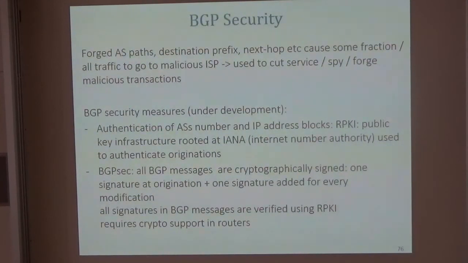So it's the routing public key infrastructure. It is a set of certificates and a chain of trust rooted at IANA that authenticates all the AS numbers and IP addresses and also who is supposed to own them. So if we have this, the previous attack would not be possible, at least if everybody verifies all the announcements.